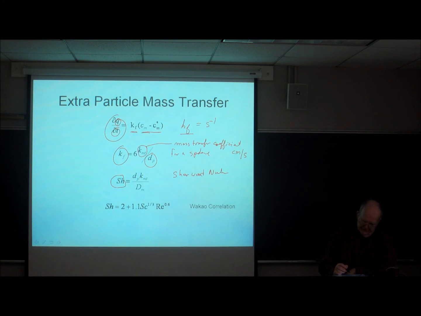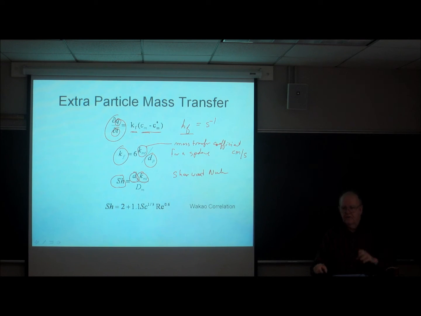Let's check the units. We got particle size, so that's distance. We got KMT, that's distance per unit time. So we got length squared per unit time divided by a diffusion coefficient, which of course is units of length squared per unit time. This is the dimensionless quantity.